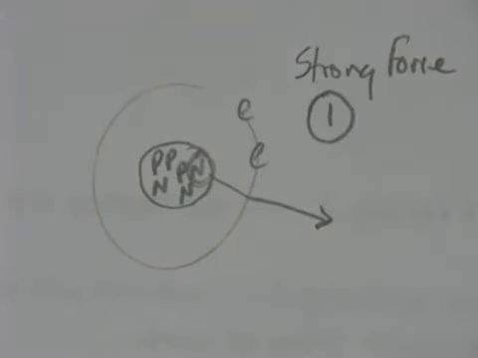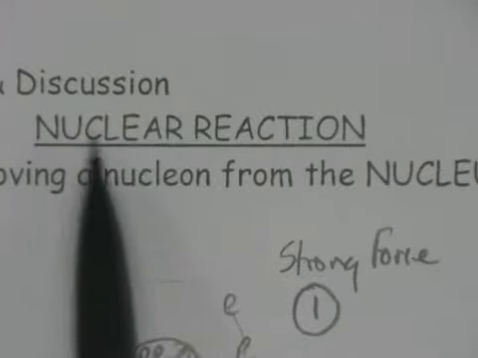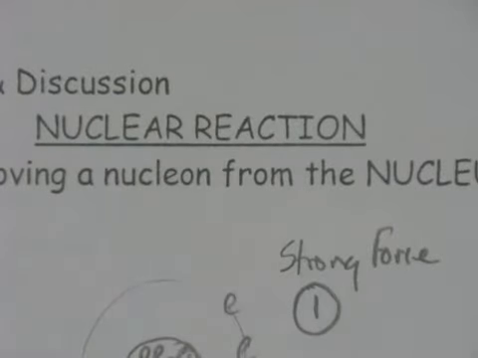As a matter of fact, if my numbers are right, I think it's around 37 times stronger than the electromagnetic force. So removing a proton or neutron from a nucleus requires much more energy. And that's why nuclear reactions have more energy associated with them, because you're not trying to overcome the electromagnetic force, you're trying to overcome the strong force. And that's a big difference.